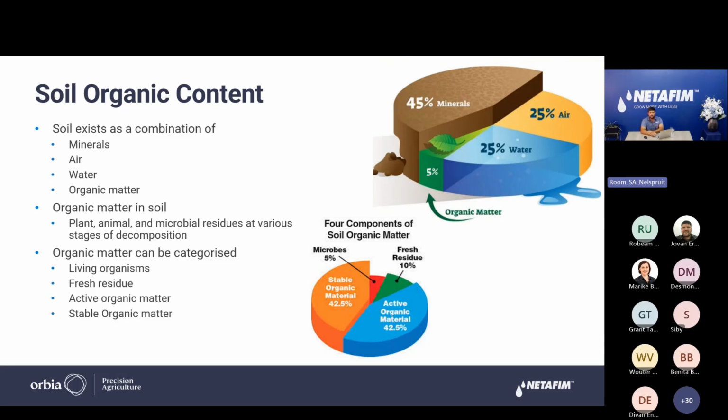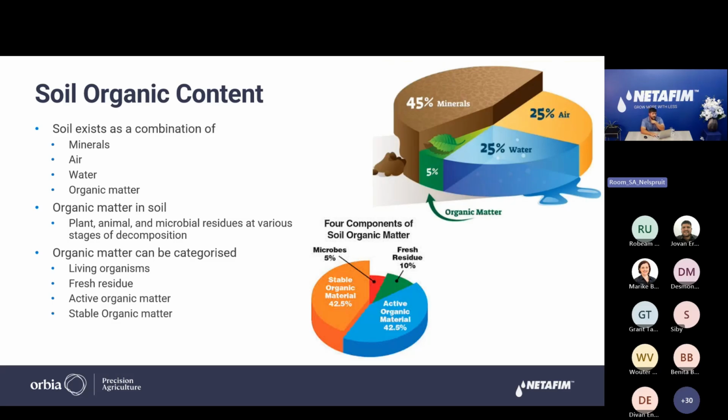Active organic matter would be semi-broken down, but already in the process of releasing nutrients to your roots and to your plant. And then your stable organic matter is already well broken down, and that aids a lot in the structure of your soil, which can obviously increase your water holding capacity quite a lot.